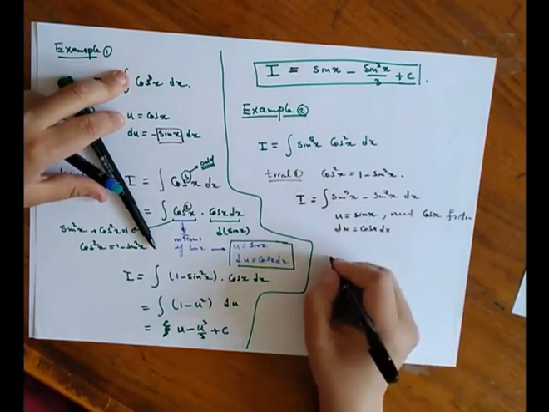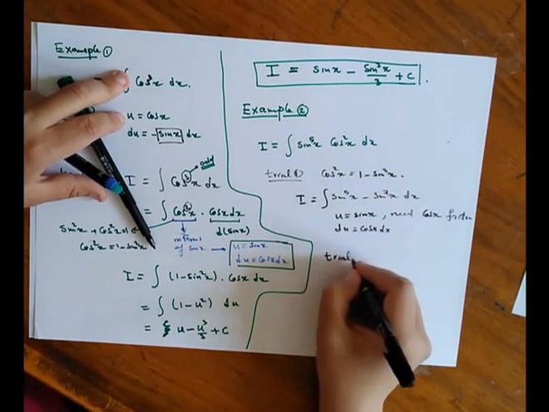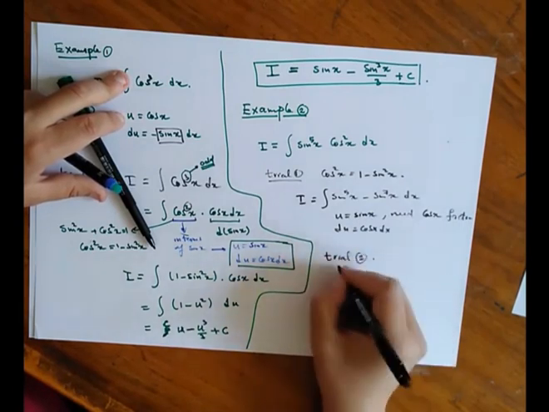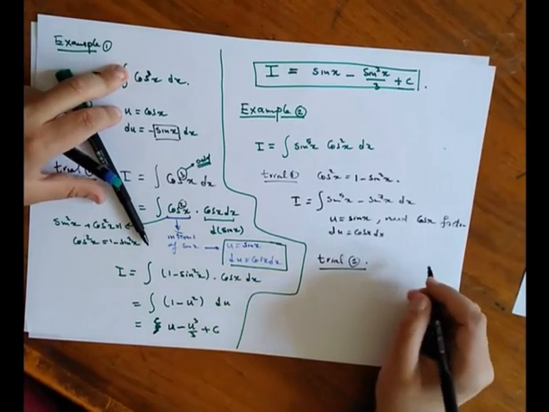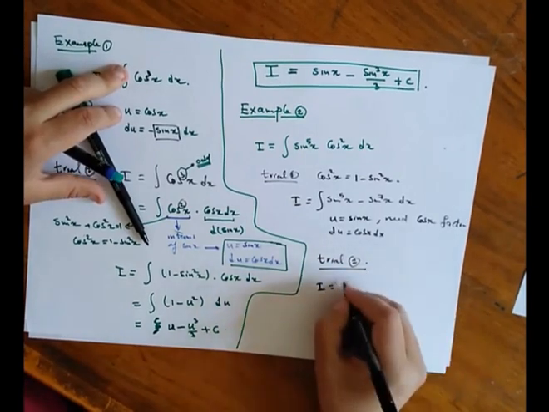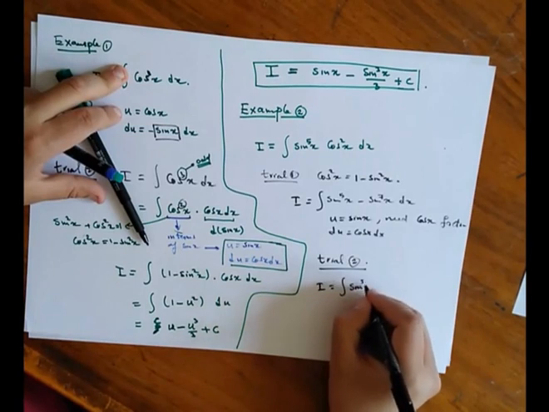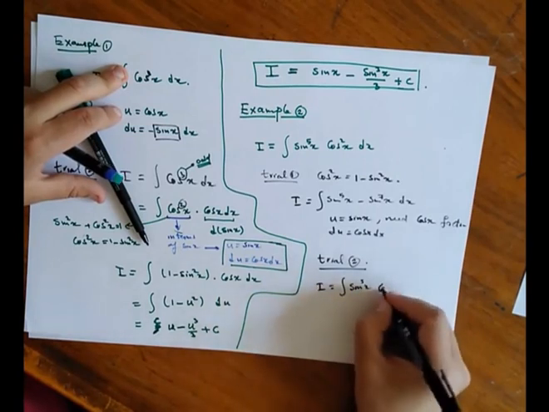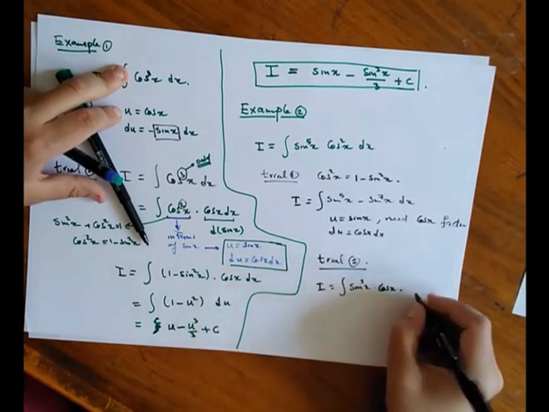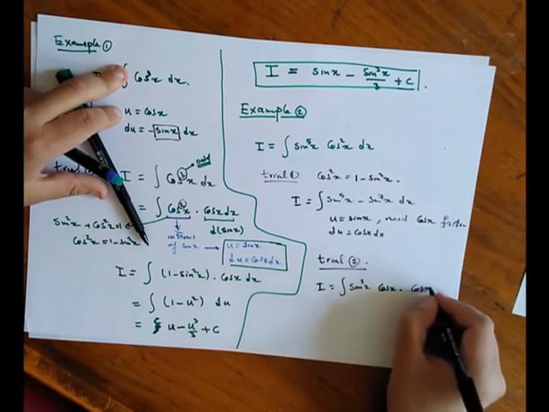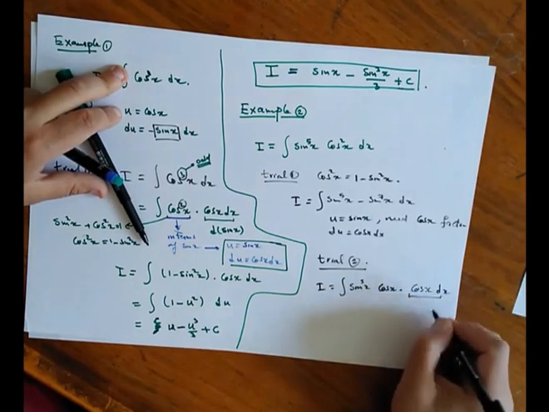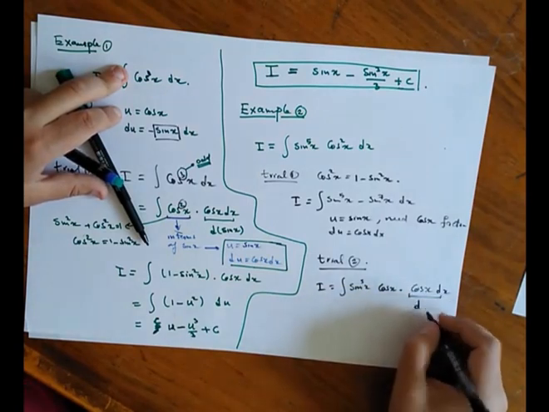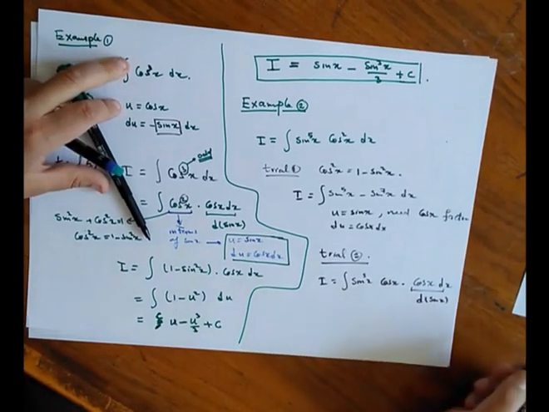Trial 2. So maybe you think that you will rewrite your integral as sine to the power 5x times cosine x, and then you save another cosine x factor, such that this is the differentiation of sine x, the total differentiation of sine x.